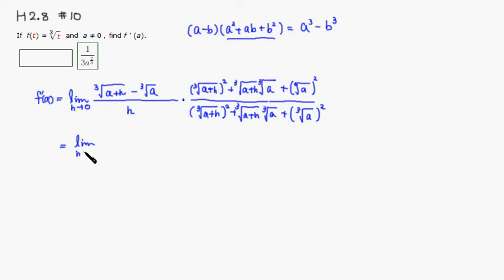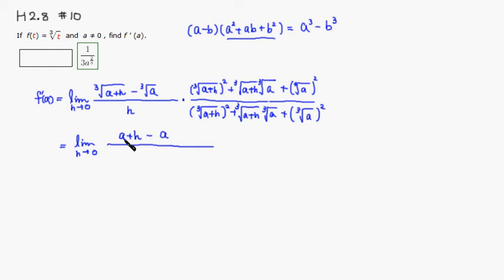as h approaches 0, as usual. Then you will have on top a cubed, which is going to be simply a plus h, minus b cubed, which is going to be simply a.